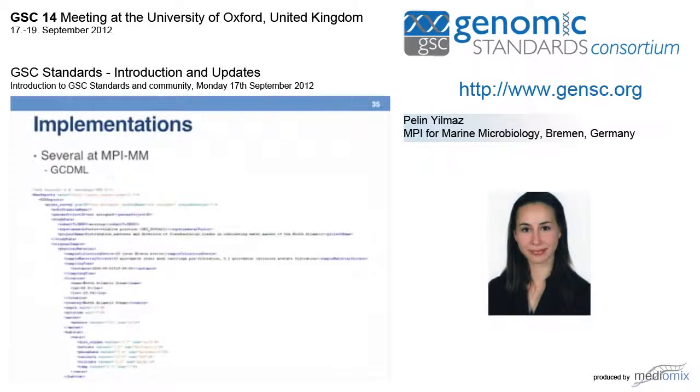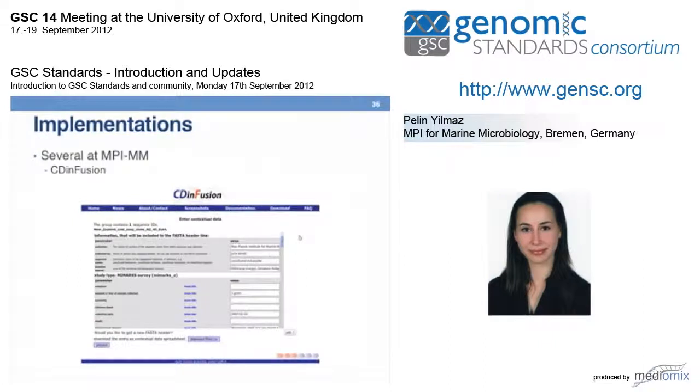Implementations. Obviously, we have many at my home institution, Max Planck Bremen. One of them is GCDML. GCDML is a representation of the MIxS data. So it's not the standard itself. Sometimes this gets confused, but it's a way to represent this kind of metadata. Then we have a CDE Fusion tool, which is for merging your sequences and your metadata and submitting them to public repositories.